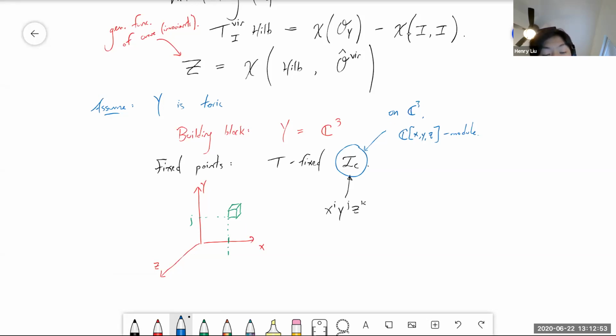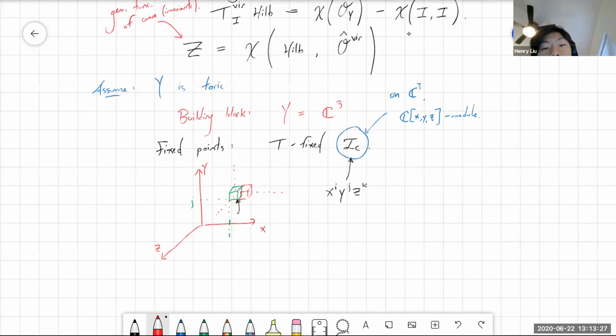So if I stick a box in some place inside this grid, then if you take this particular monomial and you multiply by x, you're gonna get one more box over here. And if you keep multiplying by x, you see that all these boxes have to exist. If you keep multiplying by y, all these boxes have to exist. And you keep multiplying by z, all these boxes have to exist.